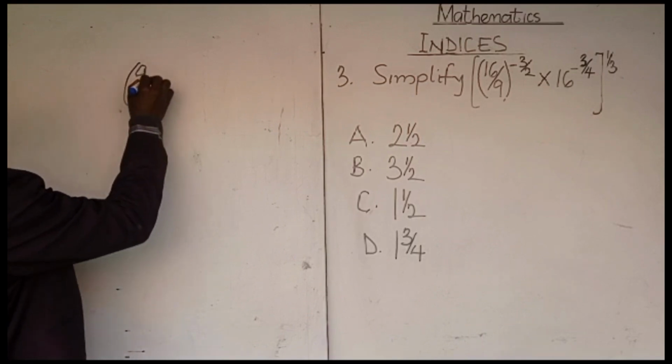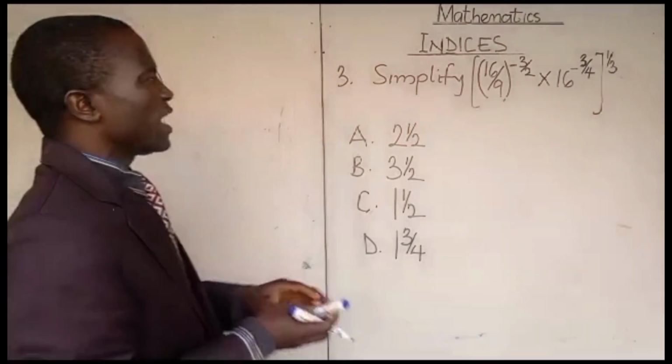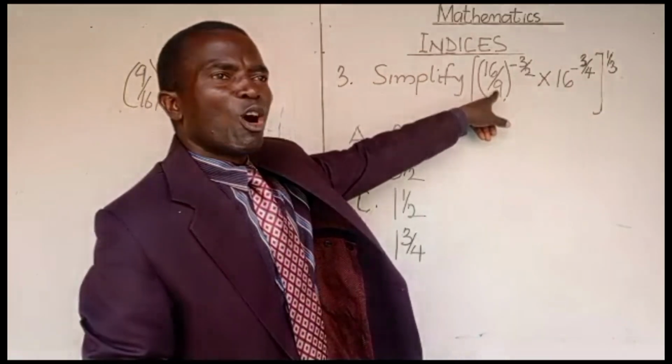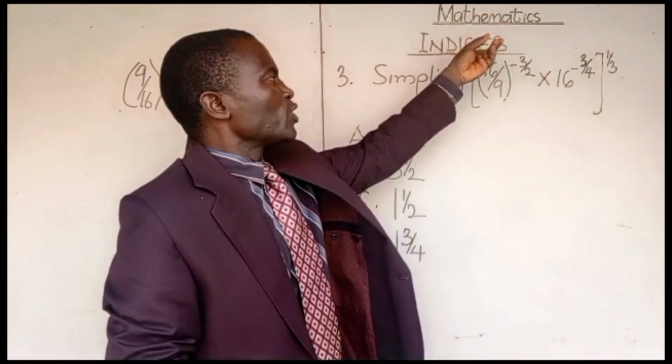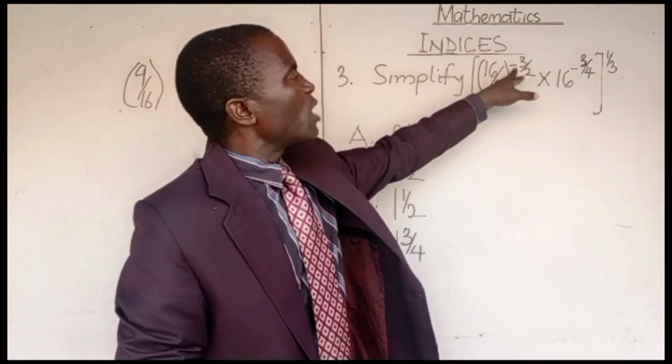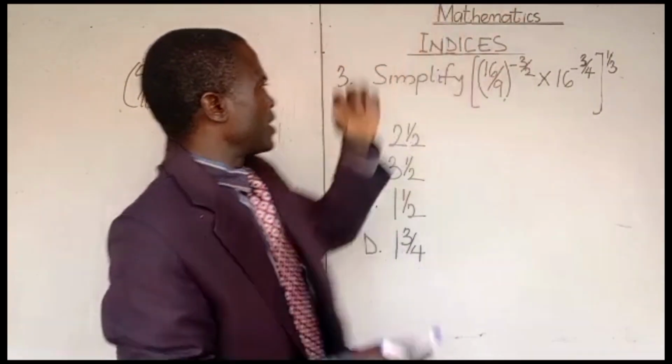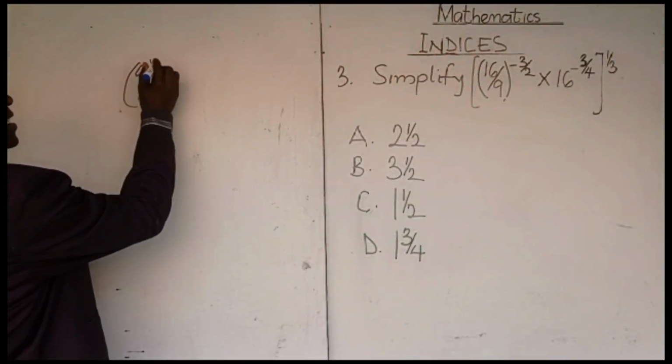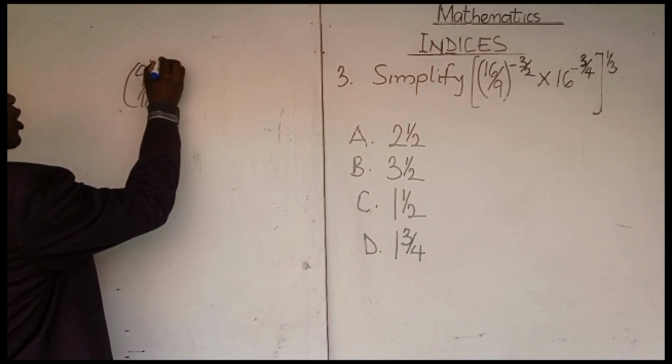What I've just done here is to ensure that the denominator becomes the numerator and the numerator becomes the denominator. By so doing, I knock out the negative sign from here. So once I do like this, the negative sign has been knocked out.